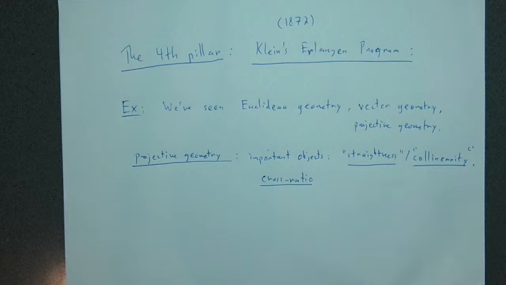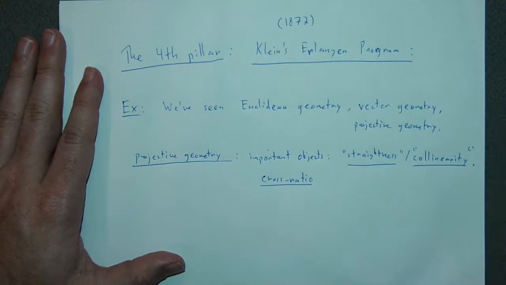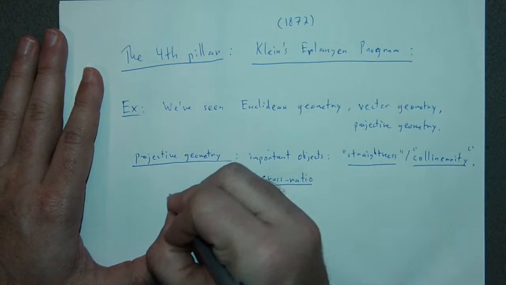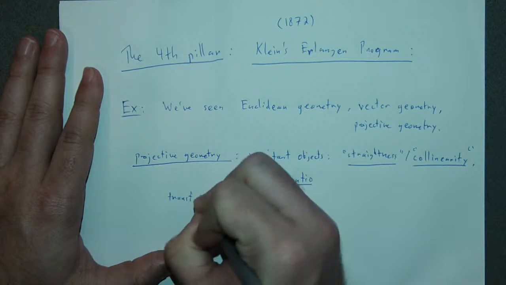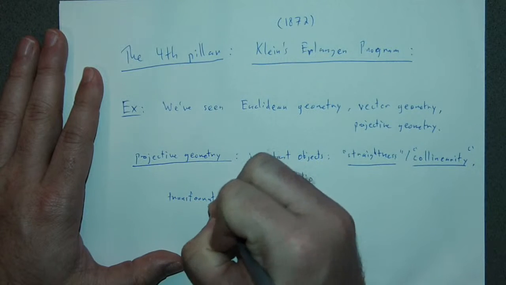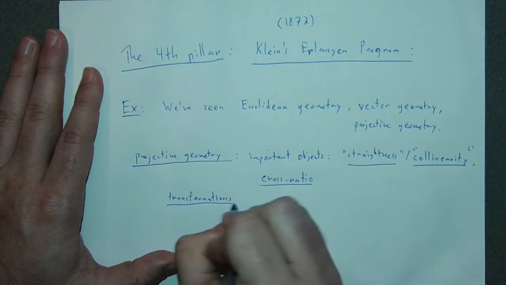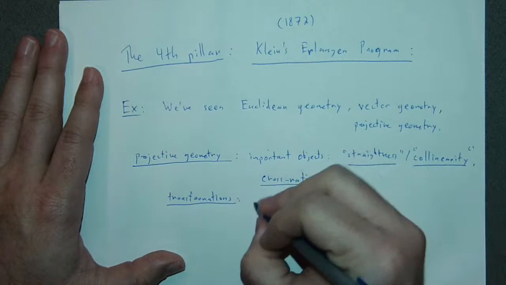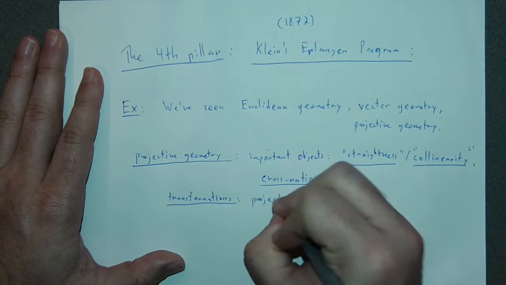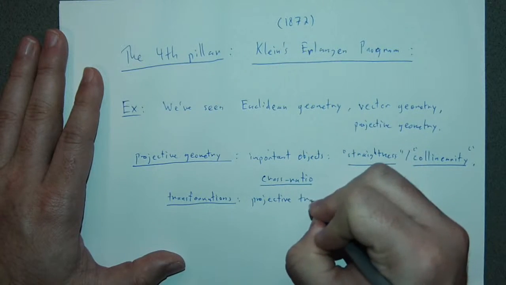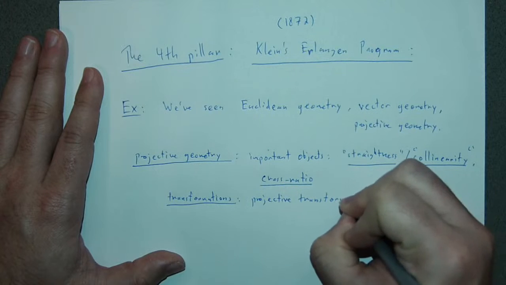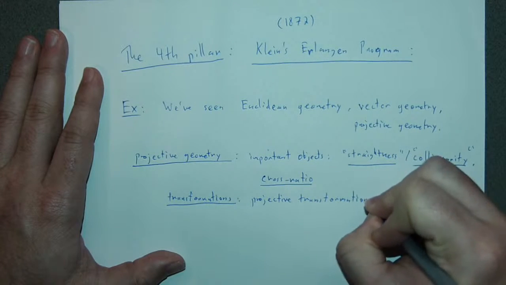Okay, and it turned out, of course, that if we looked at the transformations of projective geometry, what were these transformations? These were projective transformations, right? Embodied by the linear fractional transformations, or combinations of them.